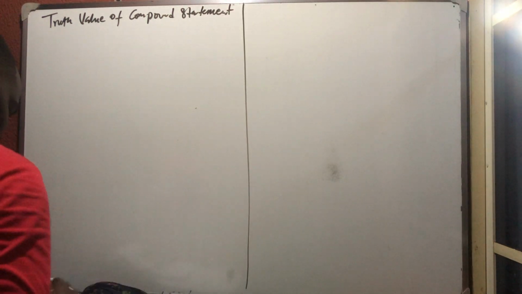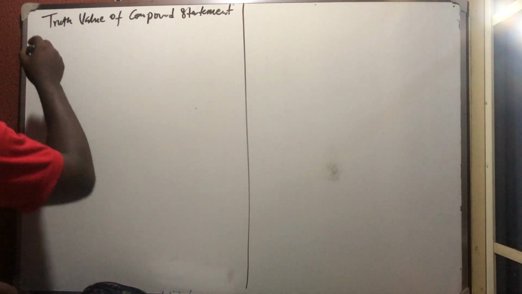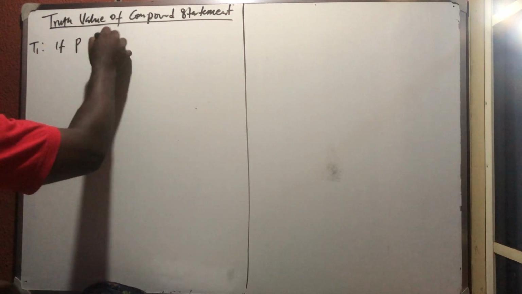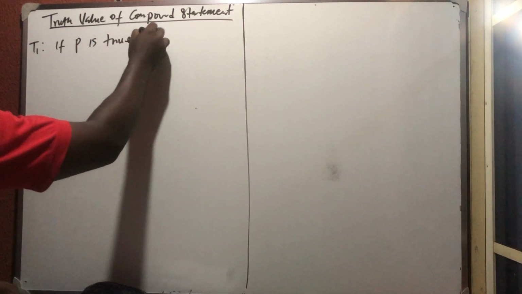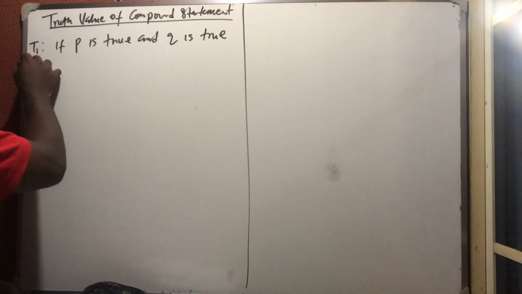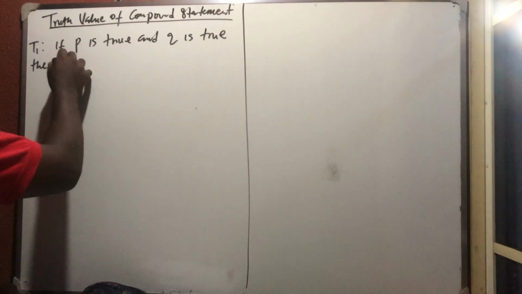Now they say that if P is true, the first truth value you are going to look at for compound statement is that if P is true and Q is true, then P and Q is true.